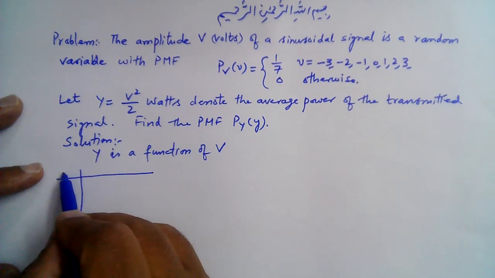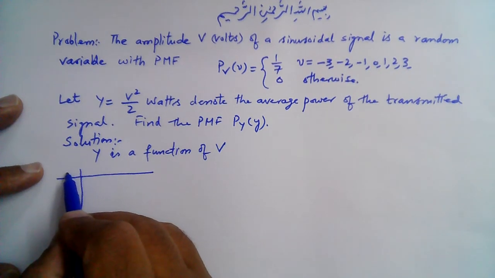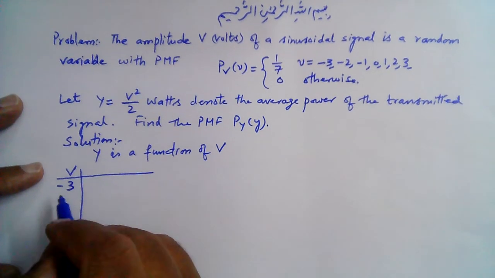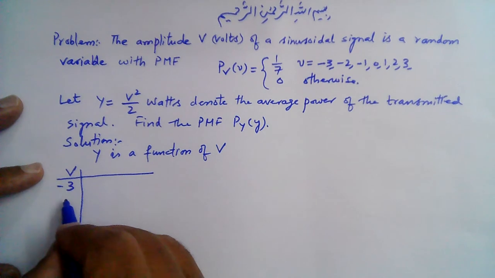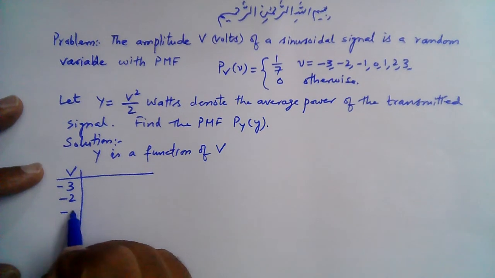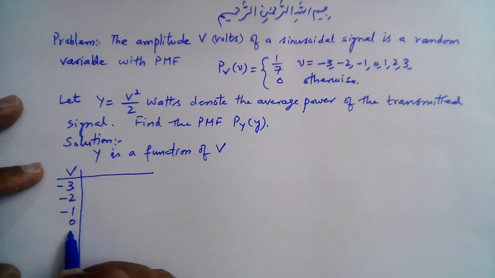Let's put down the value of V here. It can take on -3, -2, -1, 0, 1, 2 and 3.